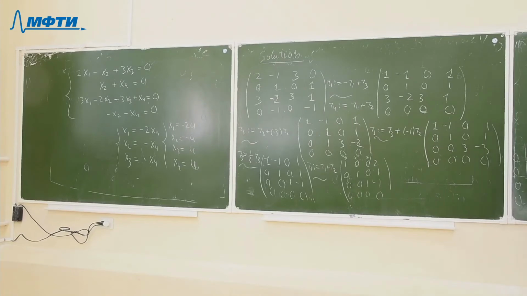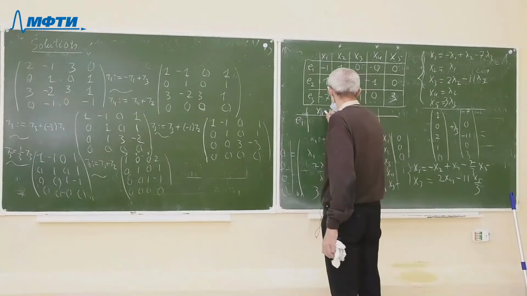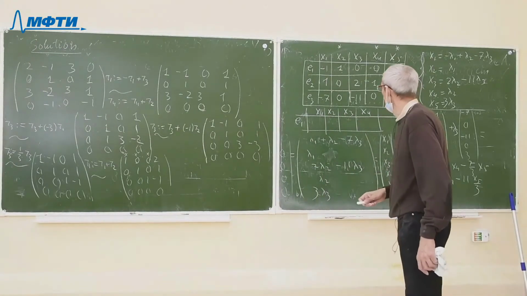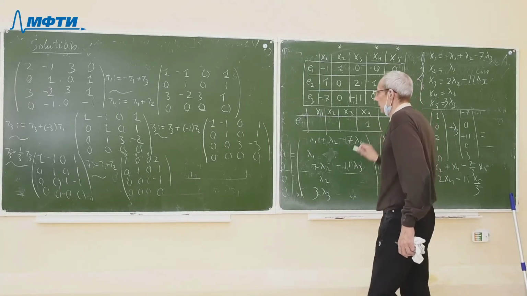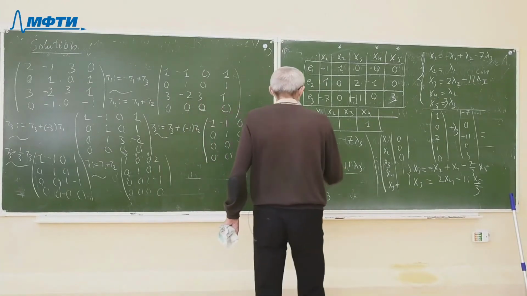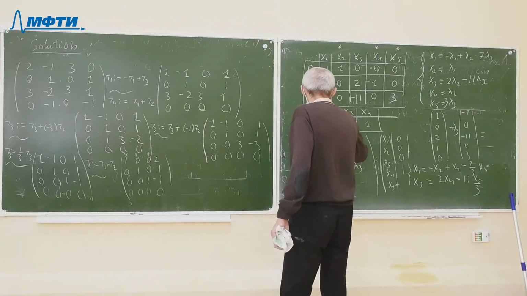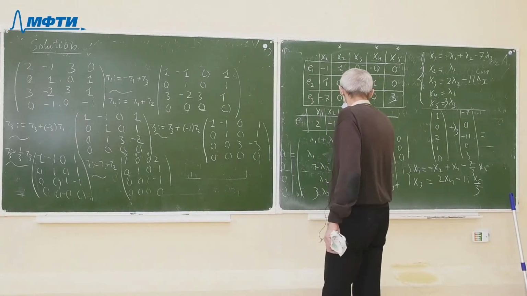E1. We have the variables x1, x2, x3, x4. We obtain x4 is equal to 1, and x1 is equal to minus 2, x2 minus 1, x3 1.